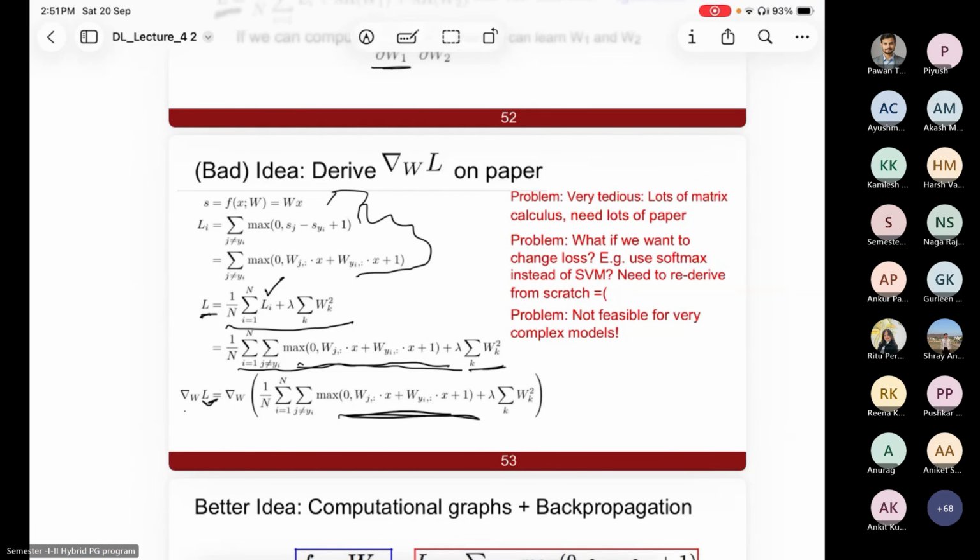That is the problem, because it's a very tedious task, with a lot of matrix calculus that you need to do. But suppose you have done it, maybe after 6 hours you come up with a solution and show the result to me, and then I'll be happy, and I'll tell you to go and just implement it.